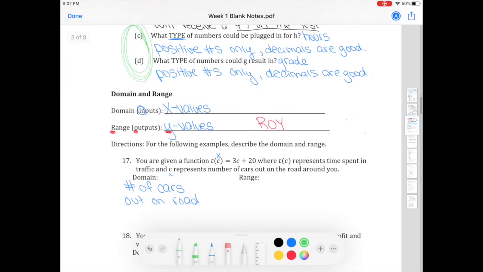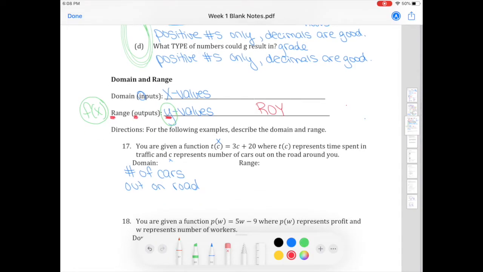The range is your Y value. Remember, Y is also known as your f of x. So that and y are technically the same idea. So when it's asking you for your range, it's asking you for this whole thing. T of c is like your f of x format.